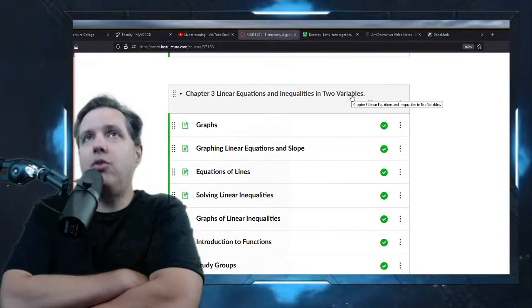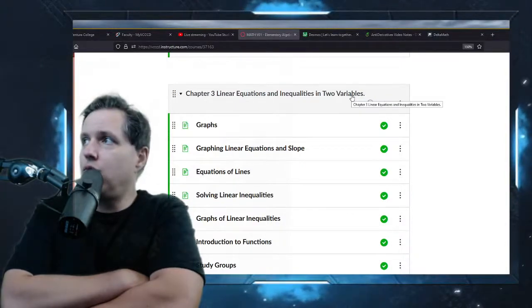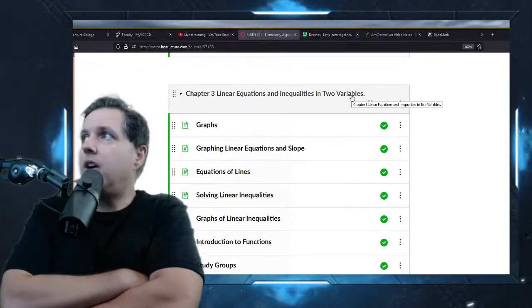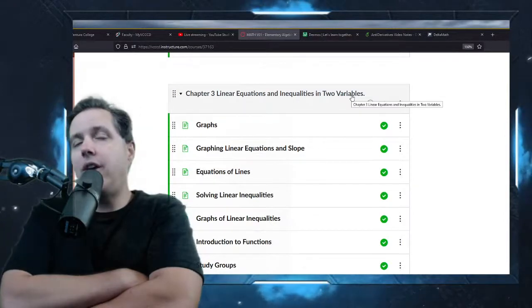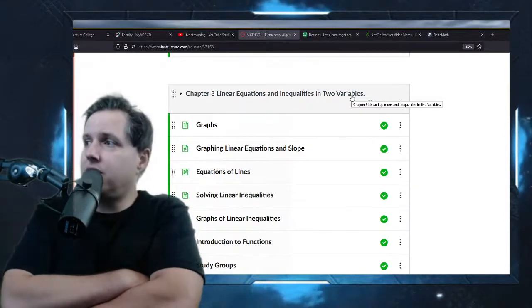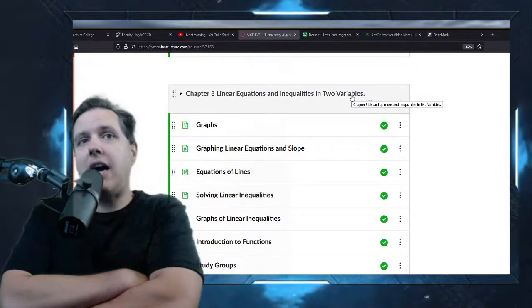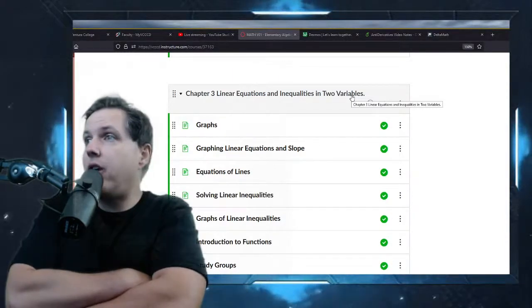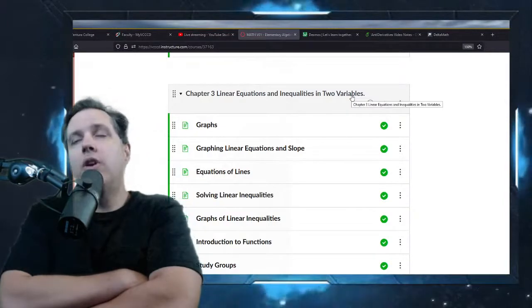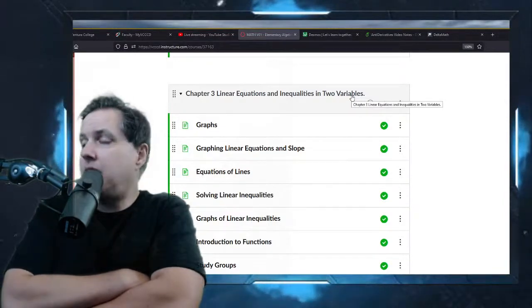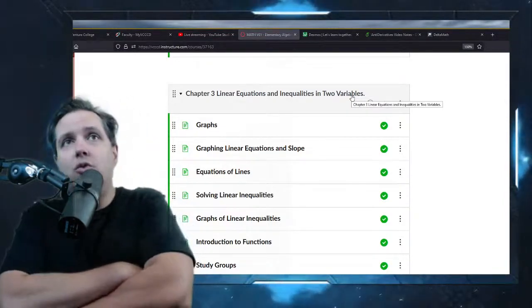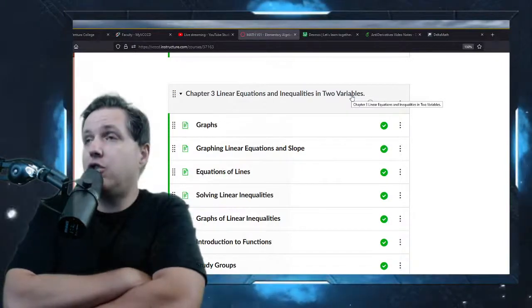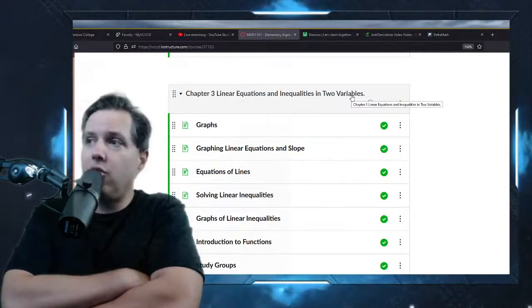You'd use the addition rule to get the variable term on one side and the constant term on the other, and then divide both sides by the coefficient to solve for the variable. We're going to be using those same tools, the addition rule and the multiplication rule.